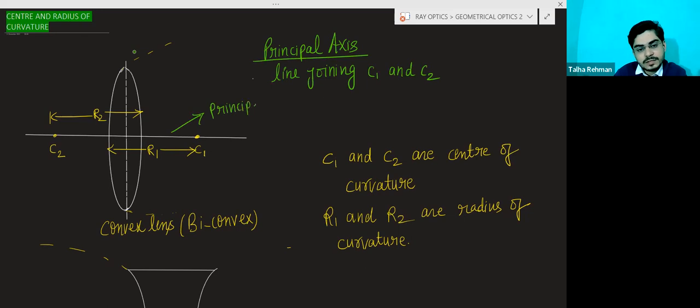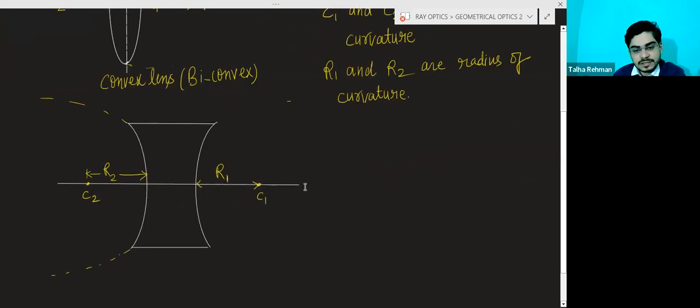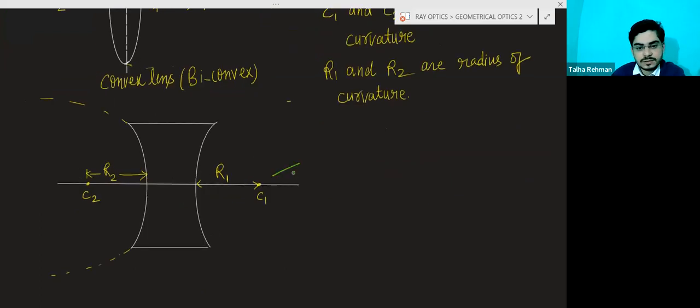The line joining the centers of curvature. This line is the principal axis. In this case also, this line is the principal axis.